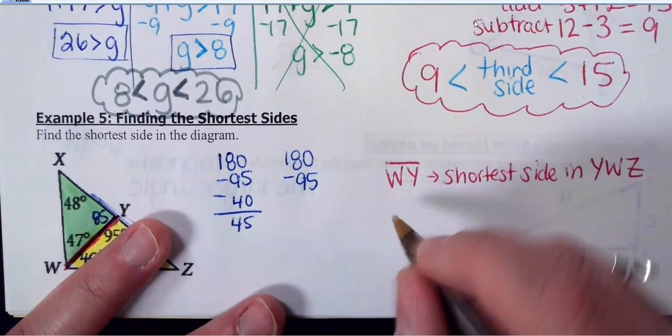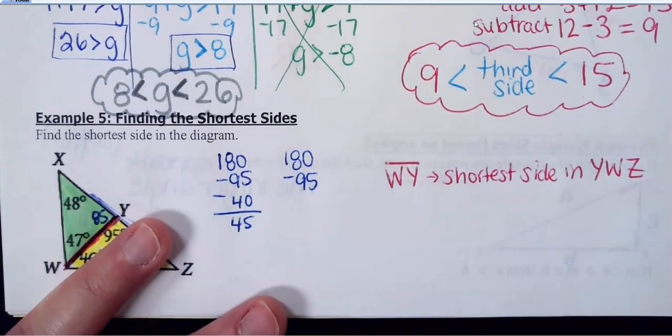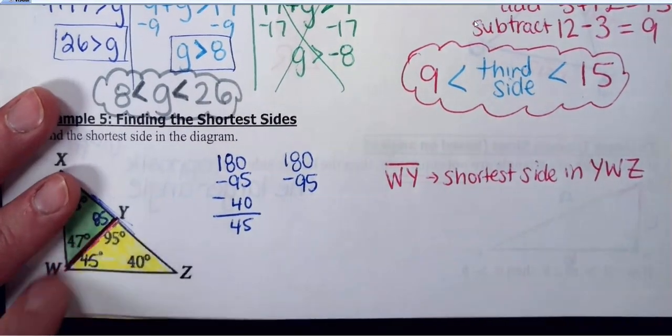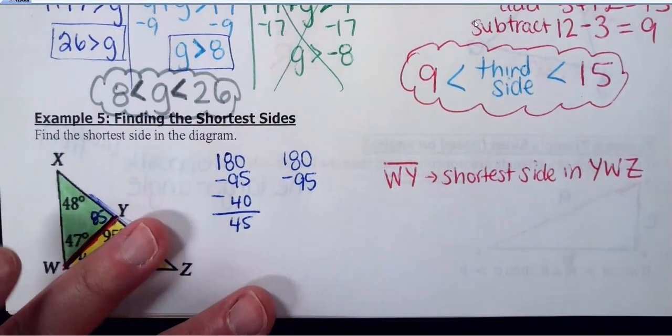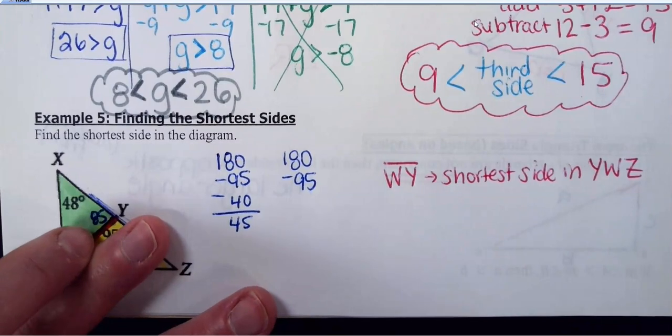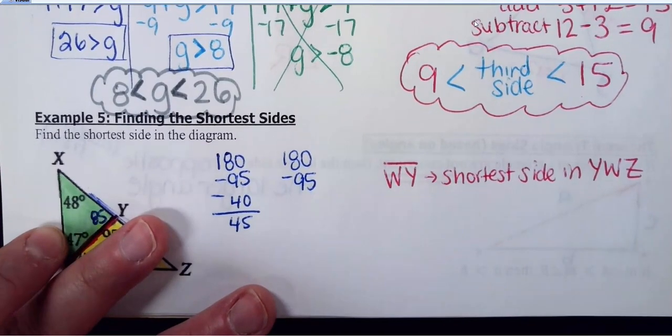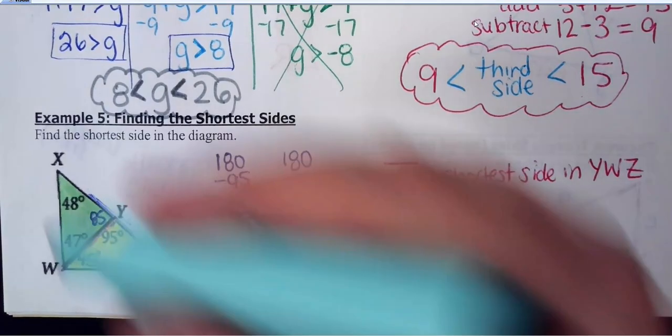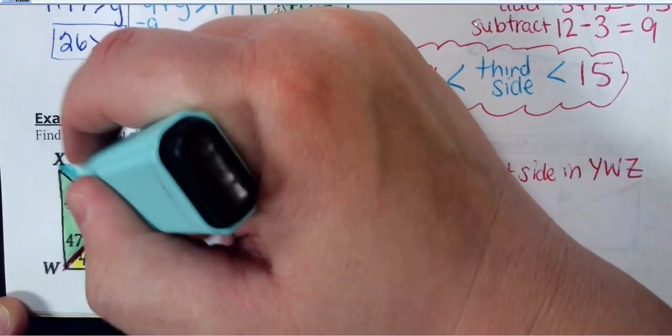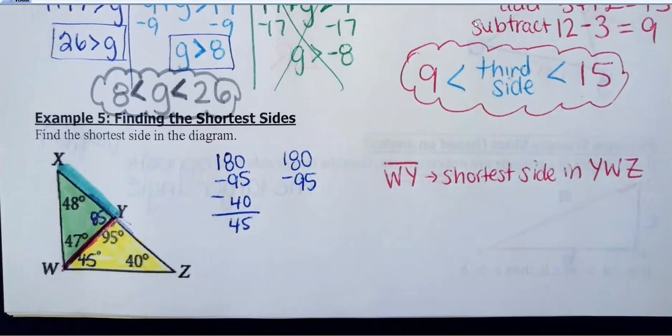So what's the shortest side in that green triangle? Exactly. This is very tricky. So WY is the shortest side in the yellow triangle. But if I go over to the green triangle here, XY is opposite 48, and that actually has a smaller angle in that triangle, which is 47. So overall in the diagram, XY here would be the shortest side in the entire figure.